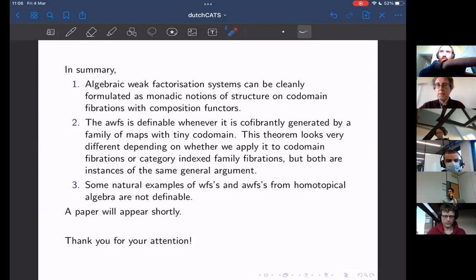Those models have been considered. Oh, so you're asking why we are interested in definability? No, I'm asking whether it's a problem if some notion of fibration is not definable.